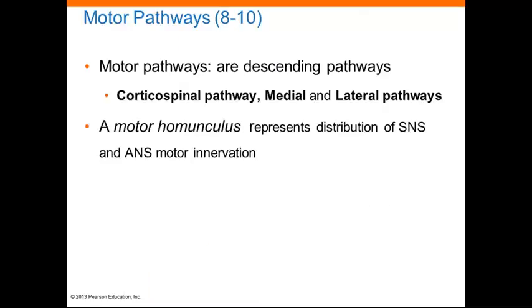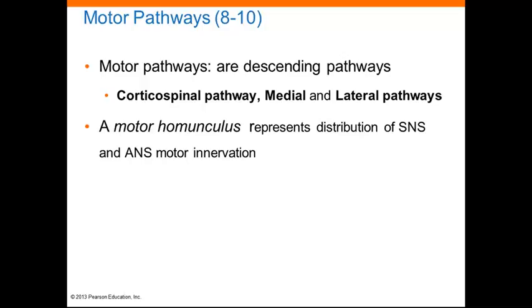Now, in response to information provided by the sensory system, the central nervous system then issues motor commands. And these are distributed by the somatic nervous system and the autonomic nervous system of the efferent division of the peripheral nervous system.